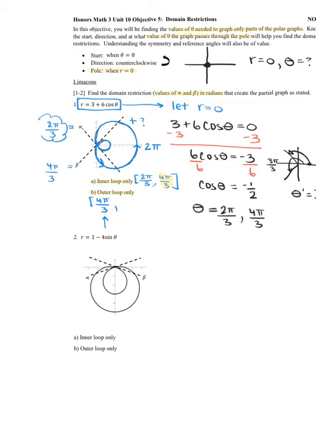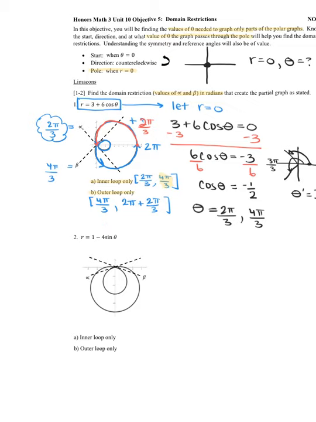That was 2 pi over 3, right? So I know that to go from here to the pole again, because of symmetry, it has to be 2 pi over 3. And so that is what I'm going to add to the 2 pi value. So my ending of my outer loop is I went past 2 pi by 2 pi over 3. And so then I just need to add those two values together.